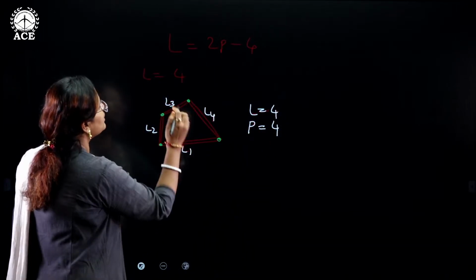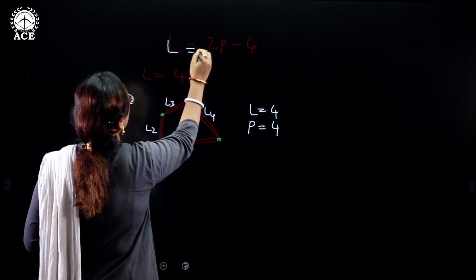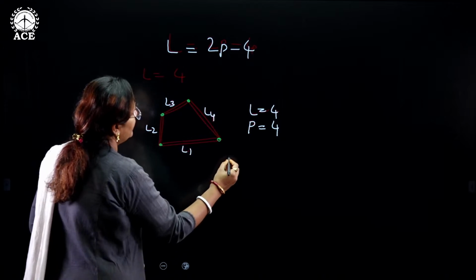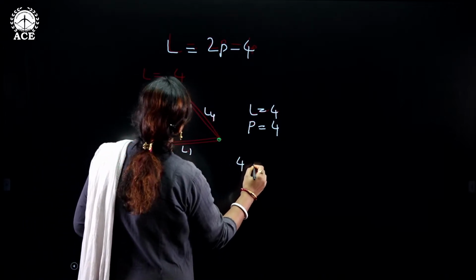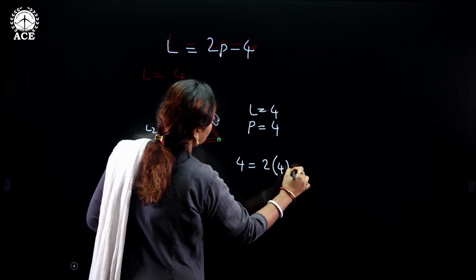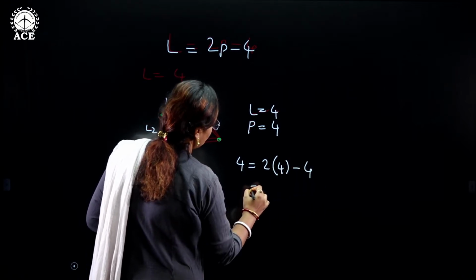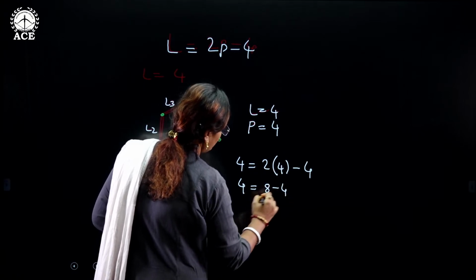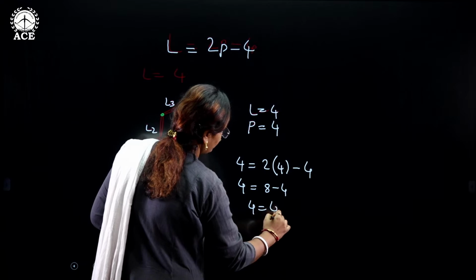Substituting the same thing in this equation, L is equal to 2P minus 4, we get 4 is equal to 2 into 4 minus 4 again. So 4 is equal to 8 minus 4. Of course, 4 is equal to 4 here.